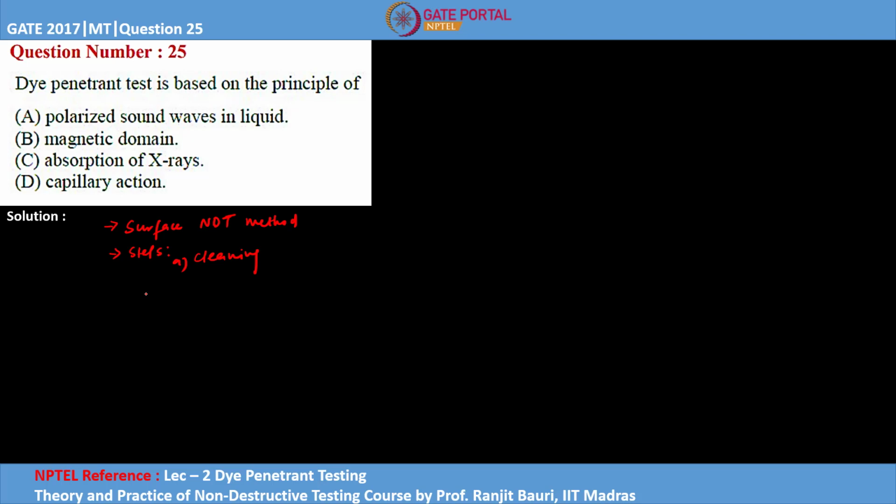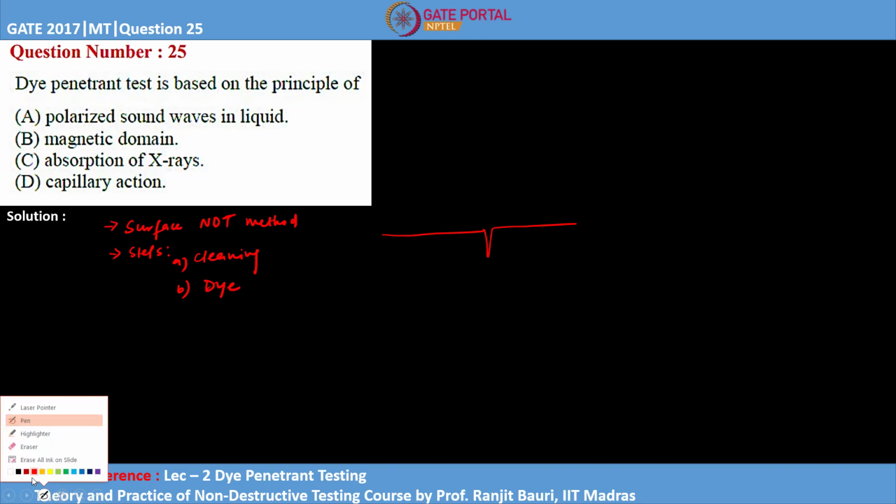We thoroughly clean the surface to be examined using a cleaner, and after that we apply a dye. So let's say this is our surface which has some defect present in it. First we will be cleaning this upper part of the surface, and after that we will be applying some dye. So let's say this is the dye which we apply.